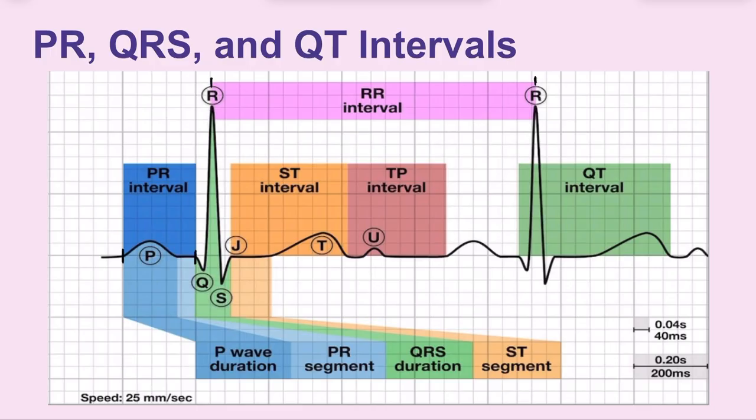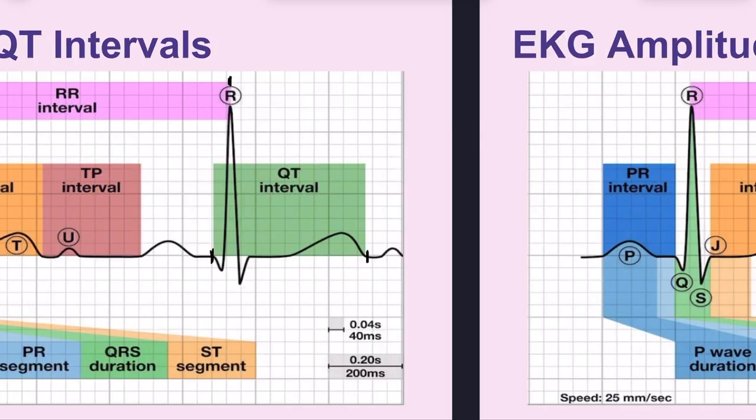We've got the PR segment, which can be just the end of the P wave to the beginning of the QRS. We have our QRS interval, which starts at the start of the QRS and ends at the end of the QRS. There's the R to R interval, which is going to start at the top of the R wave and end at the next. And then we've got this big one over here, the QT interval, which is going to start at the beginning of the Q wave and end at the end of the T wave.